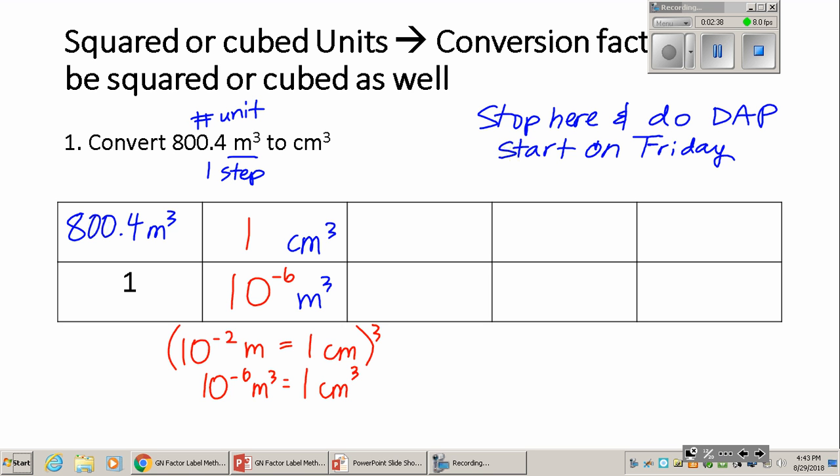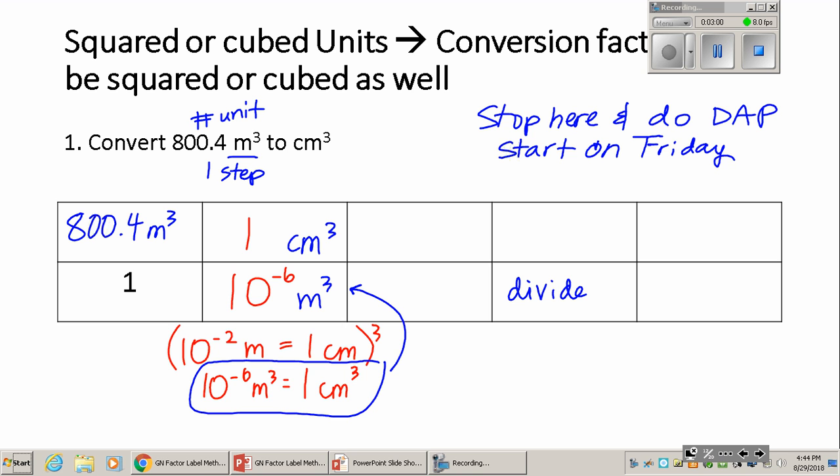Right? So now that we have this complex unit here, we plug that in at the top. We've used the correct numbers. We do our same basic thing. We're going to divide here because this is on the bottom. So we're going to do 800.4 divided by 10 to the 6th.